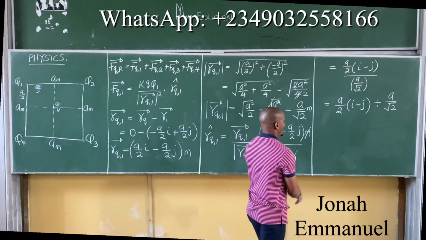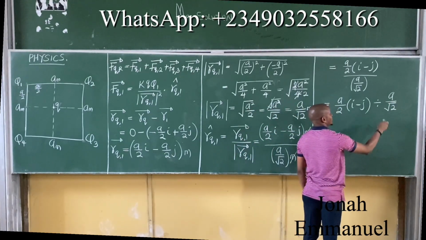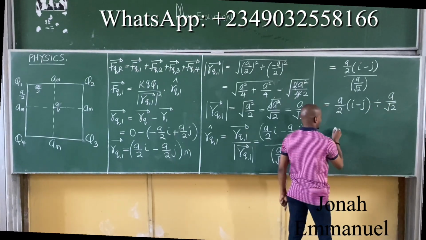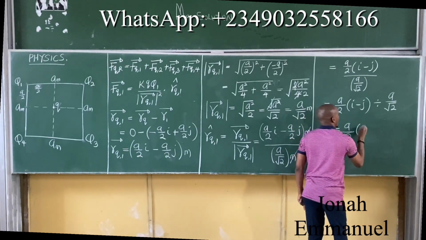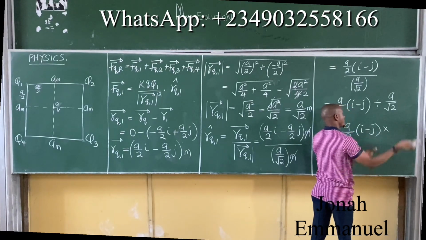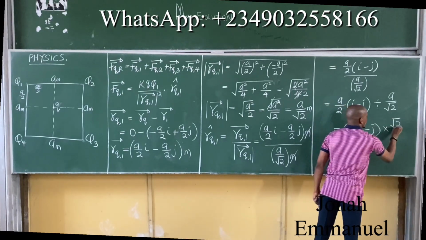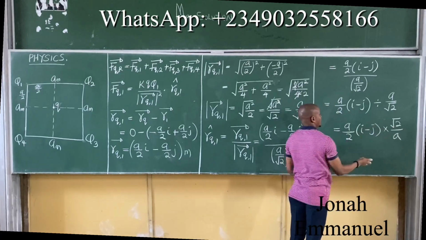So what do I get here? When you're dividing fractions, we said change the division to multiplication and invert. This is now equal to A over 2 into I minus j, times, inverting, root 2 all over A. So change that to times and then invert.